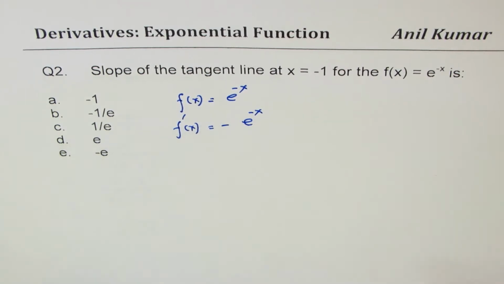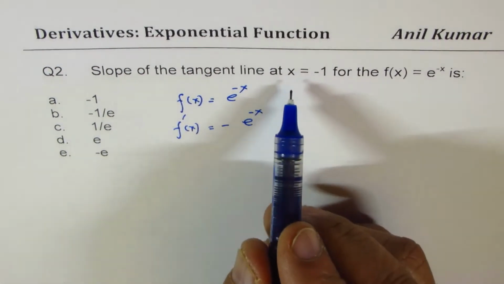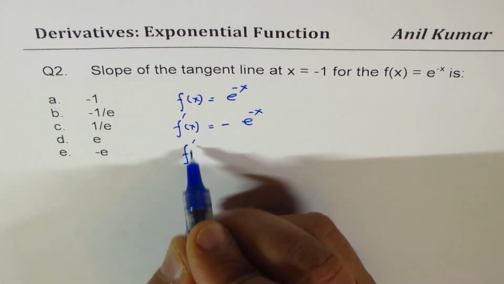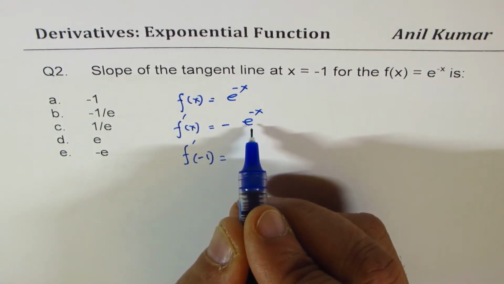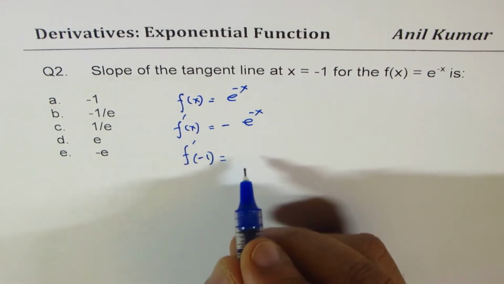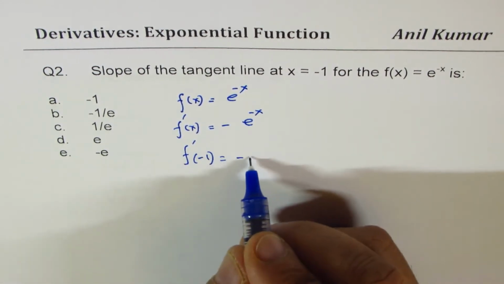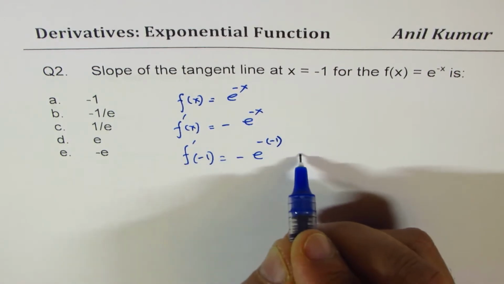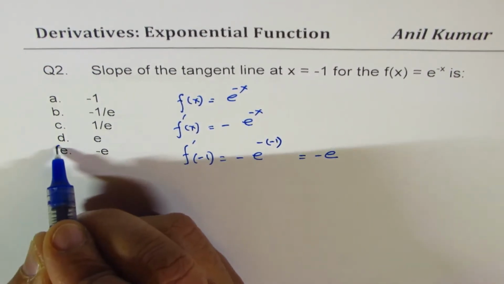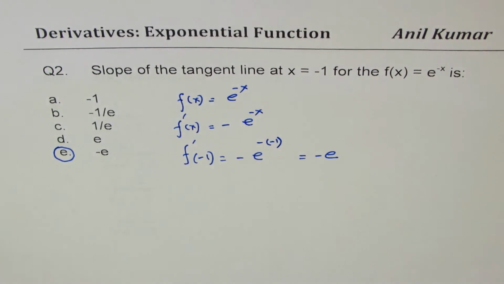So just write minus, correct? Now we are looking at the derivative at x equals minus 1. Substitute minus 1 here, and you get minus e to the power of minus 1, correct? So that is minus e. So option E is the right option.